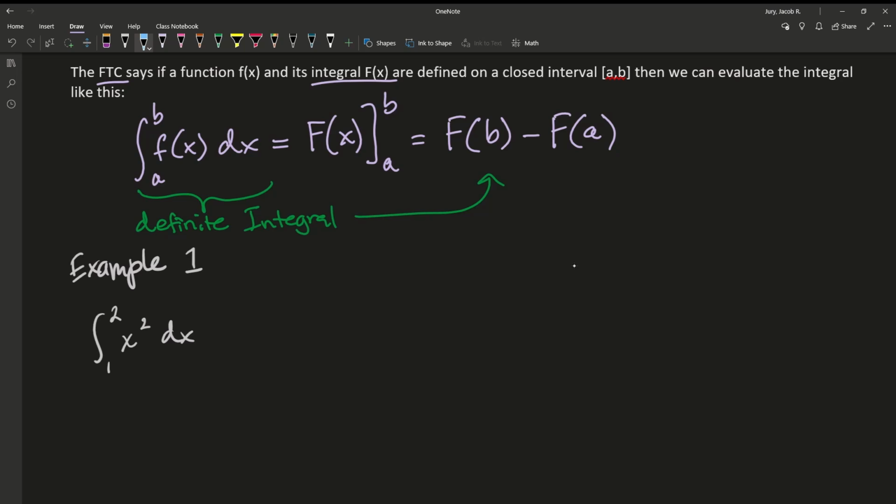So I have capital F of x equals 1/3 x cubed. And instead of writing plus c, we're going to evaluate this at 1 and 2.